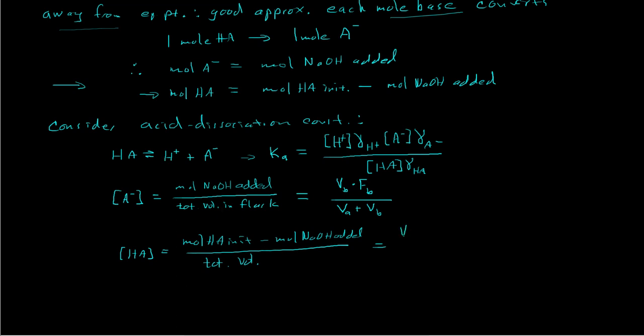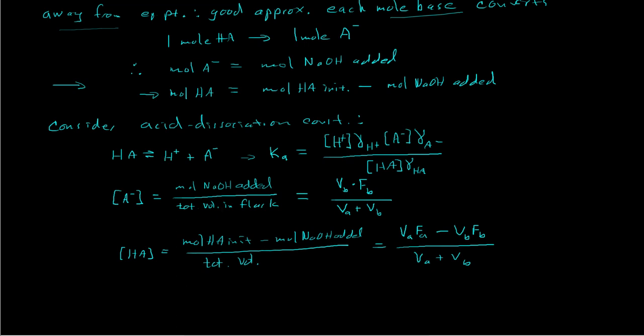Well, the volume of the acid times its formal concentration. Like I said, we might not know what F sub A is, but it is something. It's a concentration that exists. We're going to subtract from that the volume of base that we've added times the formal concentration of our base. Volume times molarity equals moles. And then our total volume, same as before, VA plus VB.